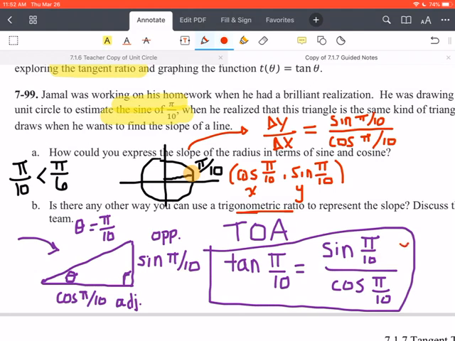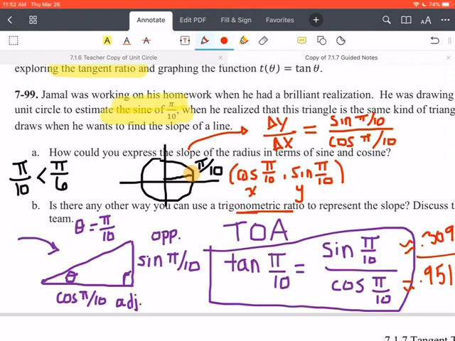So we have about 0.309. And then we have cosine of pi over 10. I want you to calculate that, 0.951. Okay, and I want you to divide those. If you have a calculator that you can grab each value from, that would be the best because we want to minimize rounding.